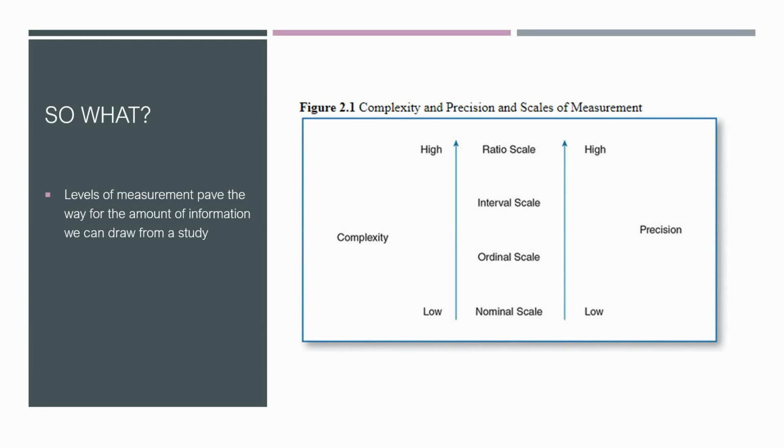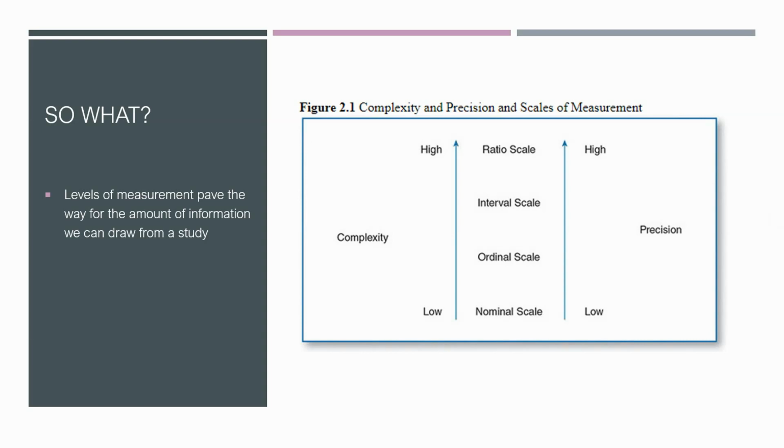Interval scales have higher complexity, higher precision, and ratio scales have the highest level of complexity in addition to the highest level of precision. All right, so just know that as we get higher in terms of the levels of measurement, we increase in complexity and we increase in precision.